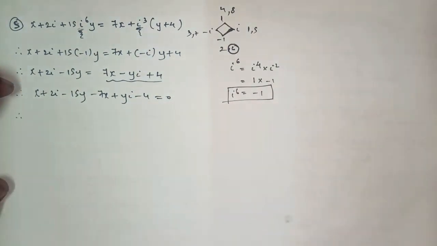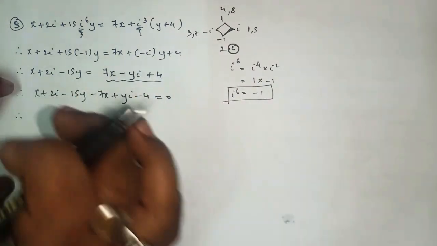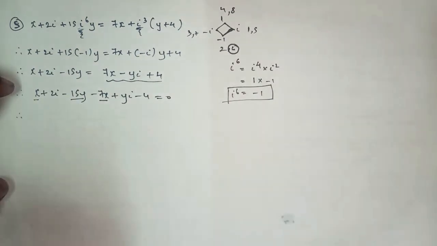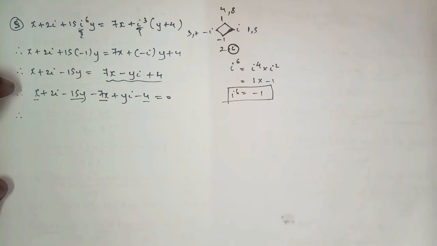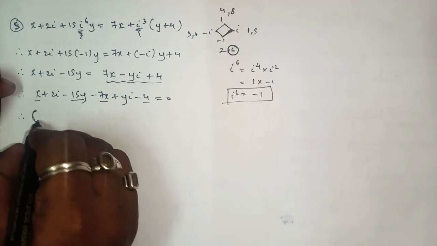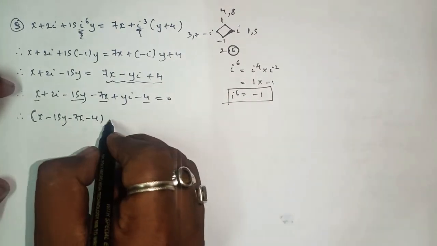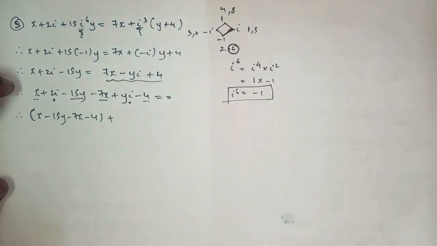After this we'll see the terms without i and terms with i, and bring the terms with i together and terms without i together. So here x, 15y and 7x, and this part is without i. So x minus 15y minus 7x minus 4. Yes or no? And this part, this one and this one.